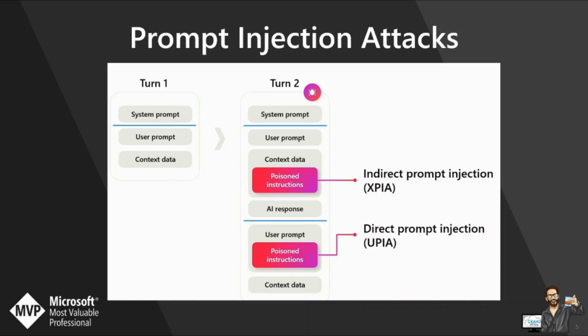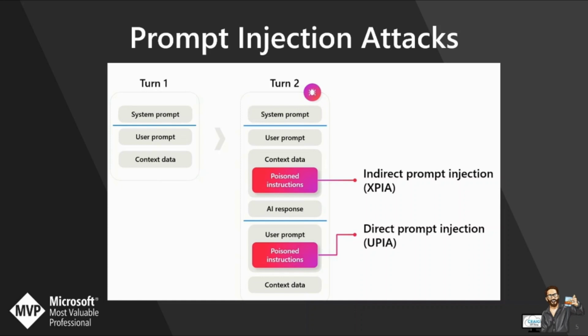In indirect prompt injections, the attacker inserts malicious instructions into the context data that the AI uses to generate its response, thereby influencing the AI's behavior without altering the original user prompt.